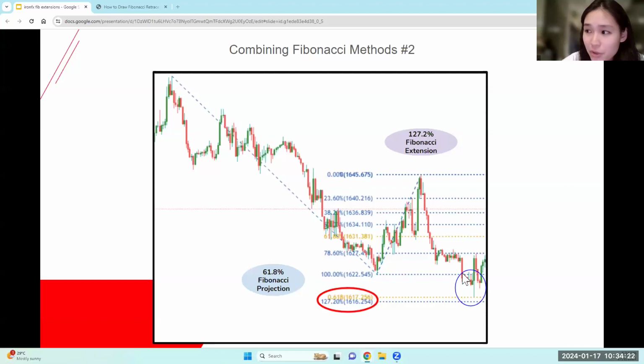You can see how price bounced nicely off of that level. But in this case, you can see it's just the wick of the candlestick that's touching that area. So we'll go through in a bit how exactly you can maximize your chances of catching this reversal, since it is just a candlestick wick.